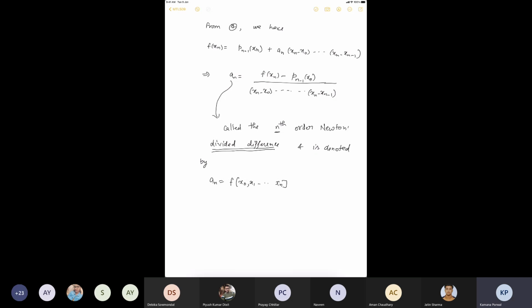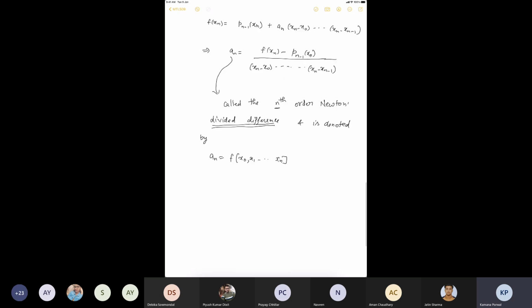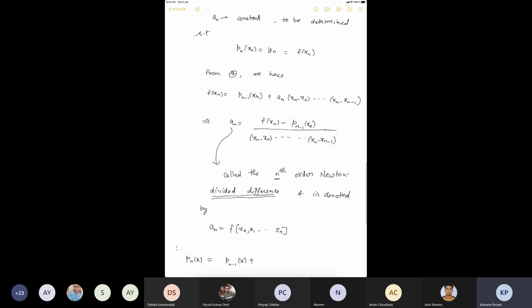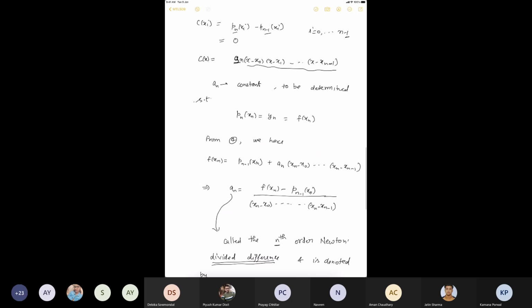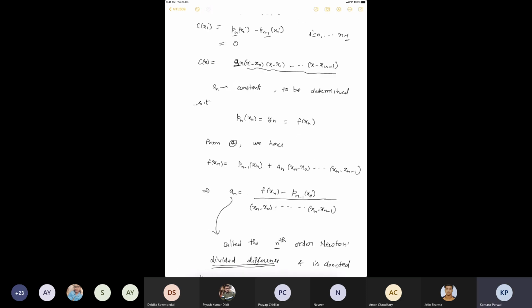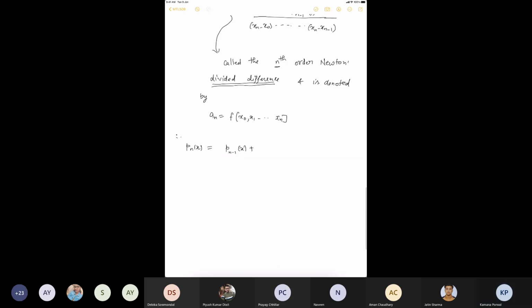With this notation, I can write down my polynomial as Pnx equals Pn minus 1x plus, and we have found the explicit form of the polynomial Cx, because we have determined the constant and we have the polynomial also. So this is going to be the divided difference.